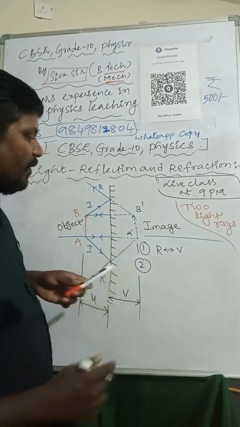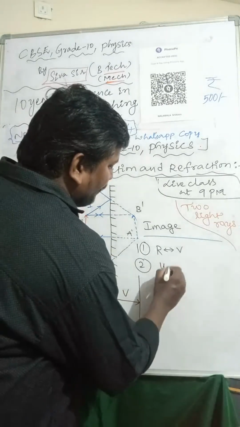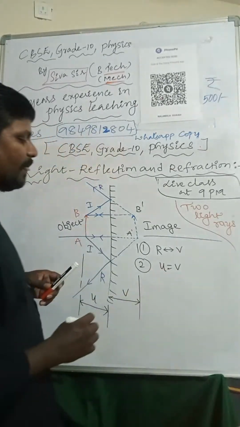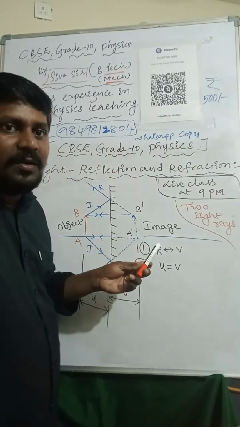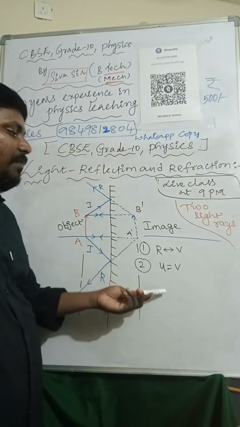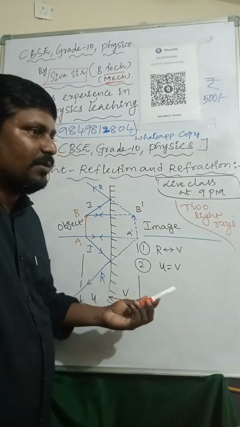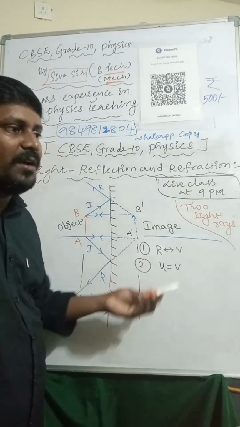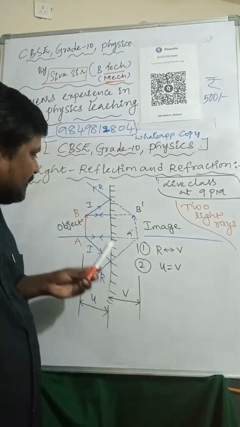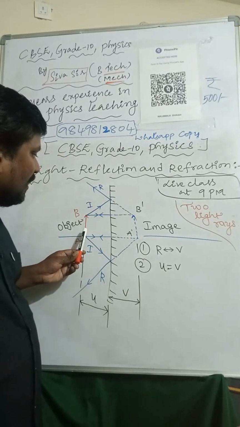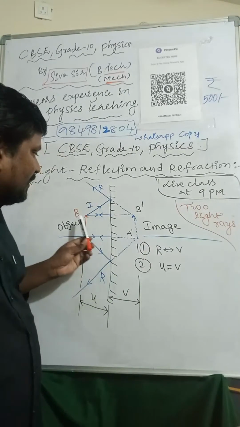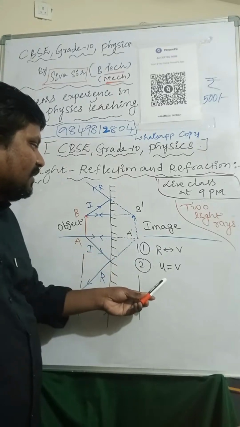Here very important points. We need to learn these points. These are very basics. So what is object distance? Object distance is nothing but the distance between object and mirror.